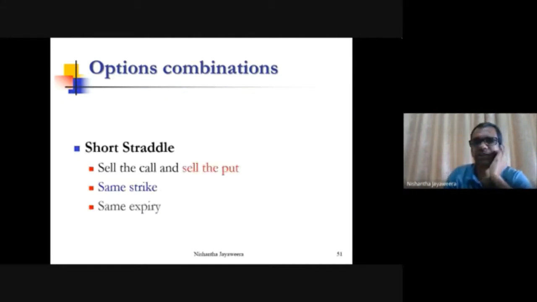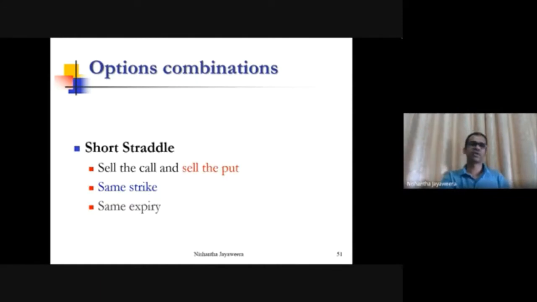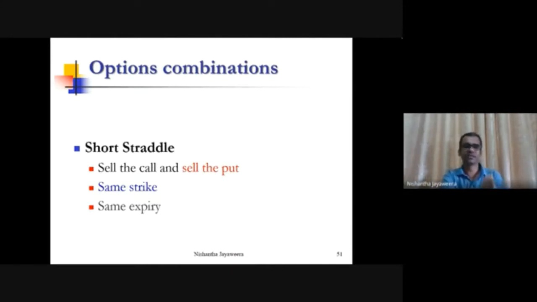In a short straddle, you do the other way around. You assume volatility would remain low or go lower than the current expected, or the implied, volatility in the market. Then what do you do?